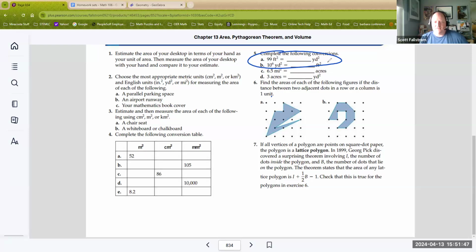But for the other ones, feet to yards, just remember if you had 99 square feet, you want to get rid of feet, and you want to get it into yards, and 1 yard is 3 feet. I recommend the squaring part, and then just put it right into your calculator as you square it. It'd be 1 over 3 squared, and just continue on with your day. And that would get you to the answer. So this will be 9, this will be 11 square yards.